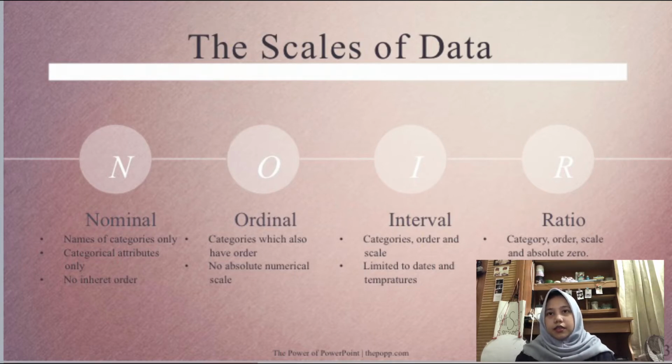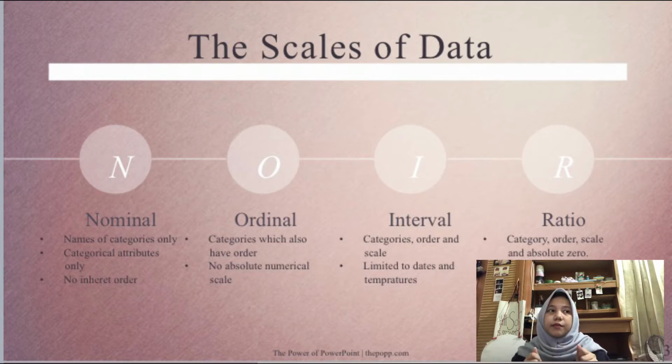The second is ordinal. It has categories which also have order, but no absolute numerical scale. So in this scale, we can rank the data, like from the highest to the lowest, and the examples of this ordinal data will come with a level of order.